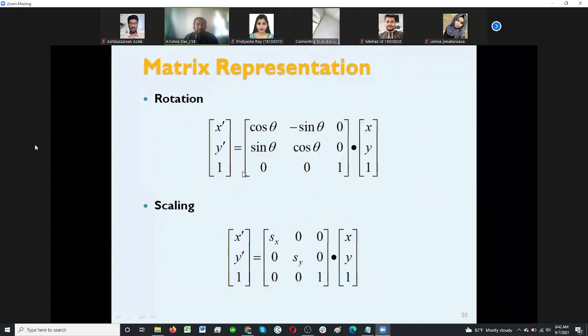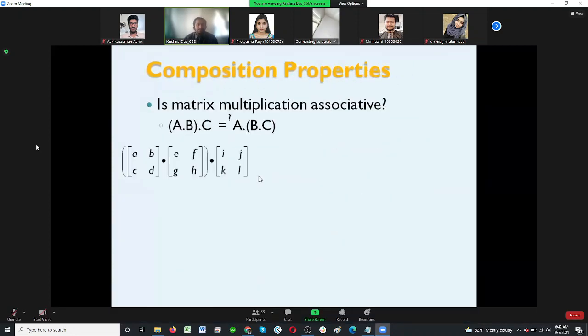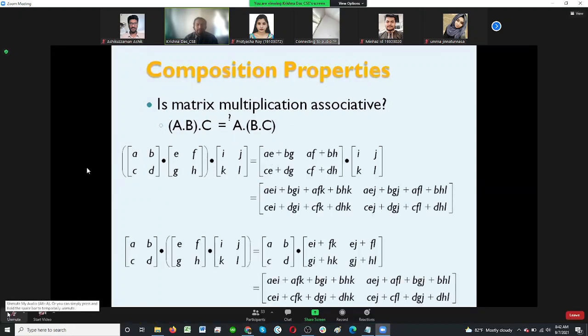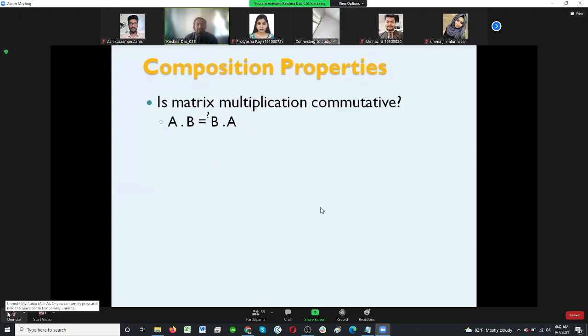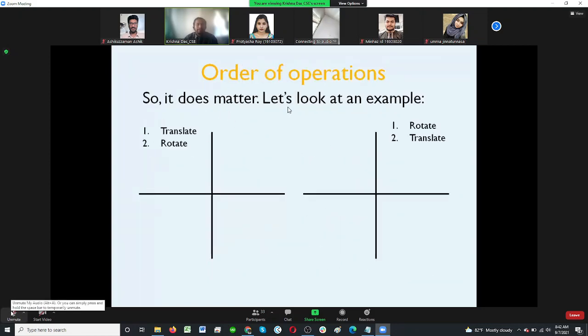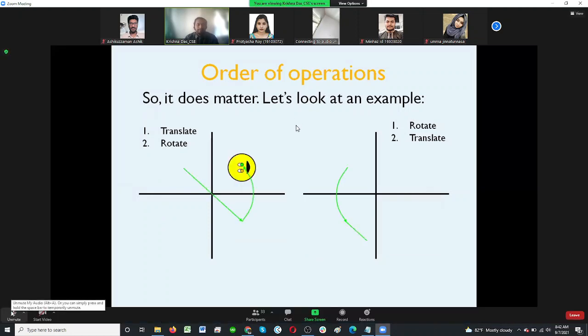What we also discussed is whether matrix multiplication is associative or commutative, because the transformation functions are now matrices, so their order is very important. I think we discussed up to this point, right?